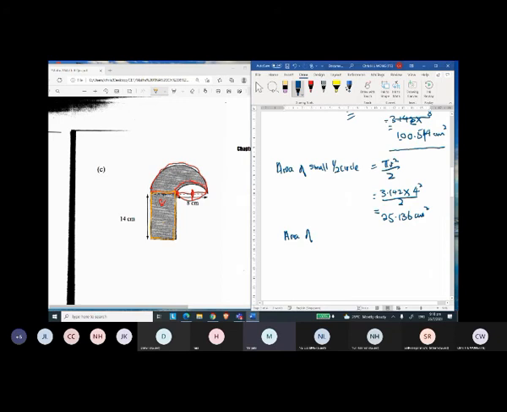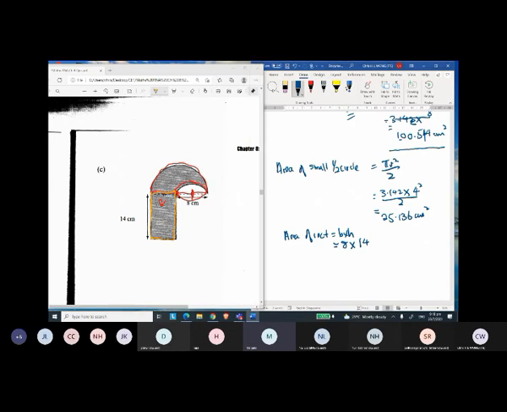Area of rectangle is equal to base times height, right? What is base? Base is 8. 8 times 14, correct.